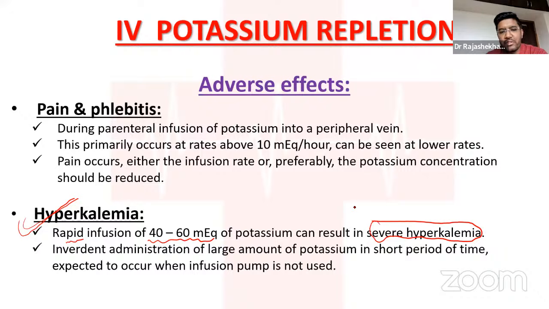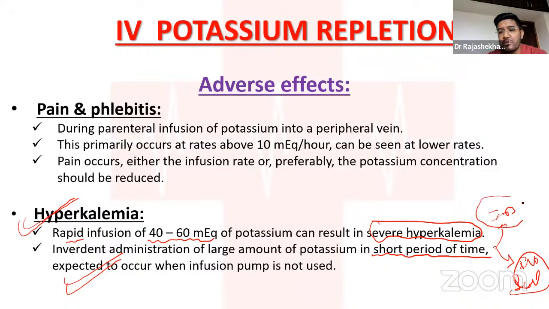Inadvertent administration of a large amount of potassium in a very short period can happen when you give orders to the nursing staff, and instead of using the infusion pump, they give it directly as an IV set. So this can cause an inadvertent injection, and hyperkalemia is expected to occur in the patient. So it is always better to use infusion pumps for giving potassium supplementation, plus cardiac monitoring simultaneously.